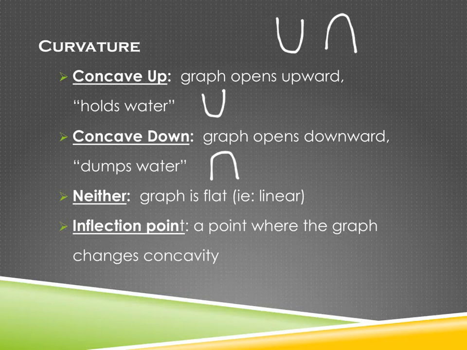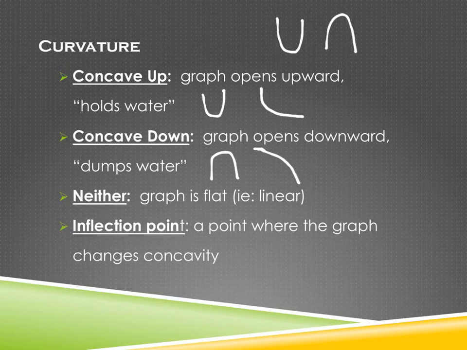It could, again, have portions where it's concave up and portions where it's concave down. And it also can look like it's sort of halfway. This would be a graph that's still opening upward. I know it doesn't really hold water, but it is still opening upward. So this is still concave up. And this graph, it would still be concave down. It still has that same curving feature to it.